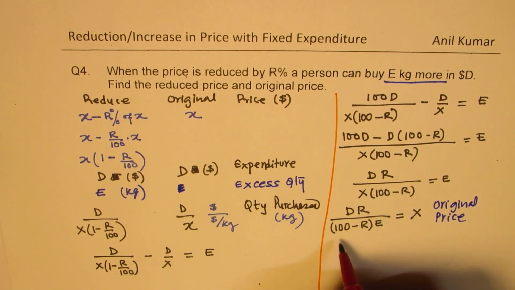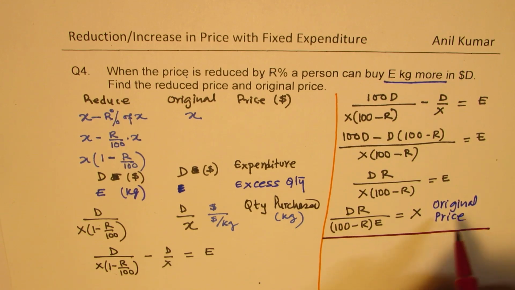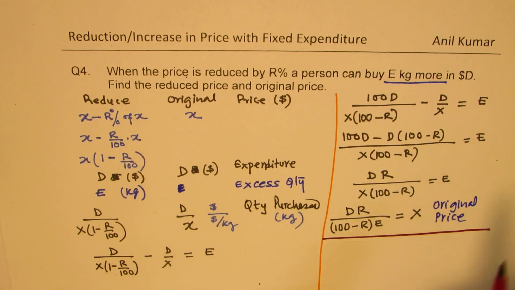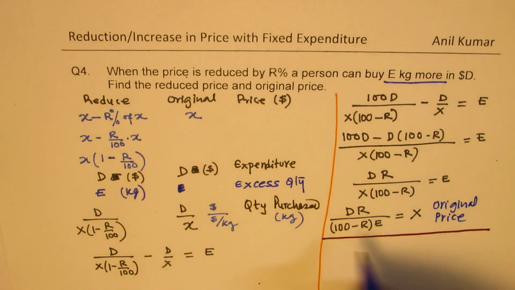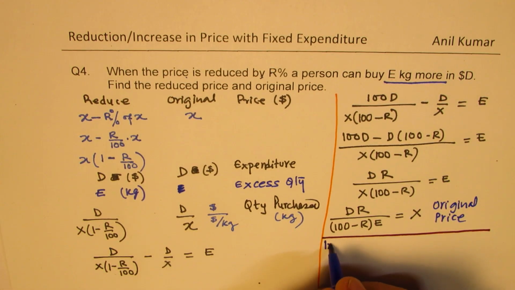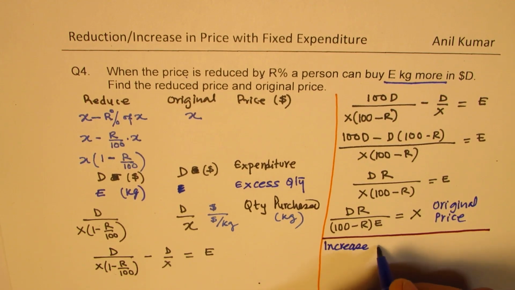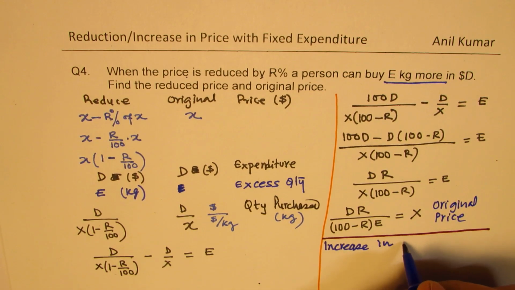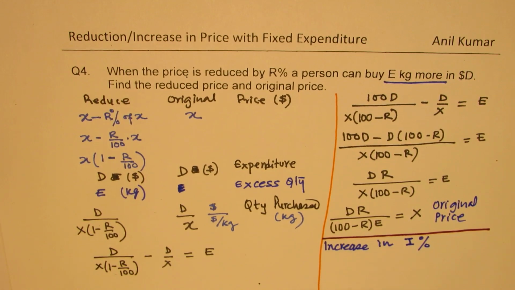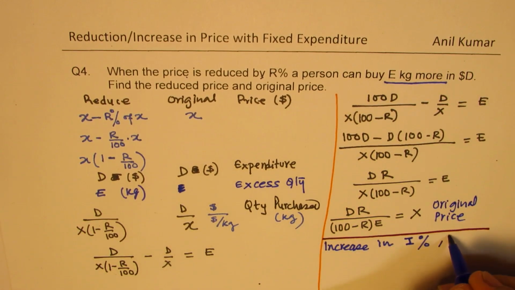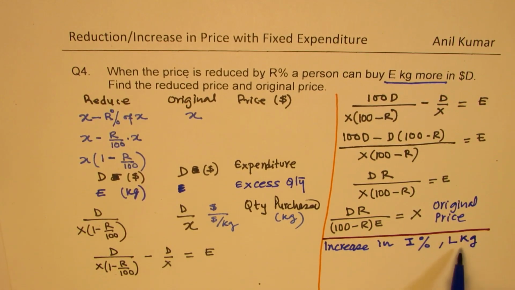All right. Now here, let me also tell you one thing. This was the case when we have done reduction. Now if you have an increase in price, let's say, I percent, so instead of reduction in R percent, we have increase in I percent, and we have a loss in kg, so we will buy less.